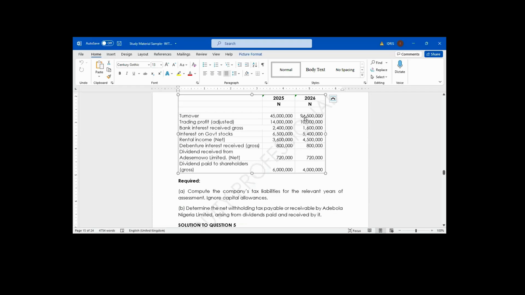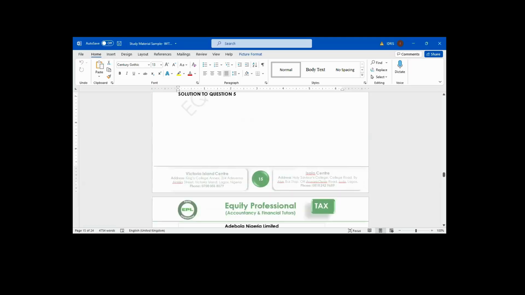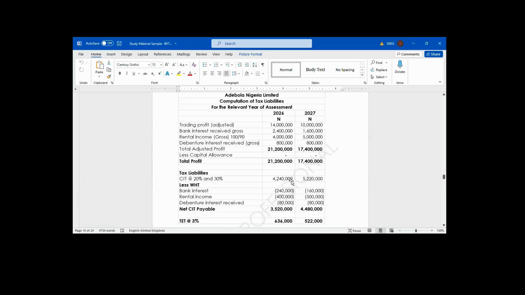If you add this turnover of 94,500,000 to 1.6, 5.4, 4.5, every other thing, there will be more than 100 million. That means the total turnover of this company in this year is more than 100 million. In that case, when your turnover is more than 100 million, you use 30%. 30% of the total profit, 30% of 17.4 million.